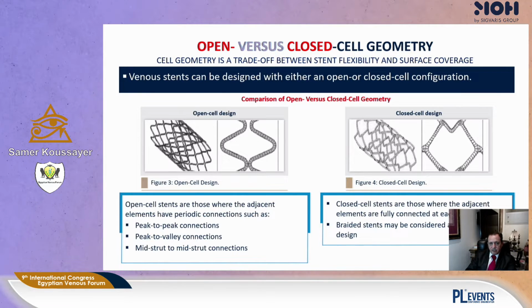Whereas the closed cell designs are those where the adjacent elements are fully connected at each crown, and a braided stent may be considered a closed cell design. So usually when you hear about braided stent, most of it is a closed design.